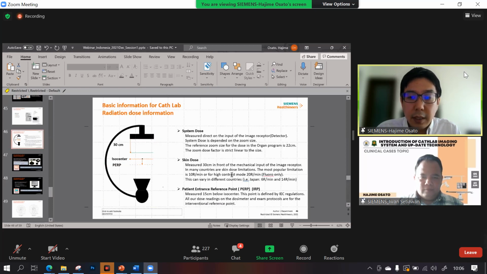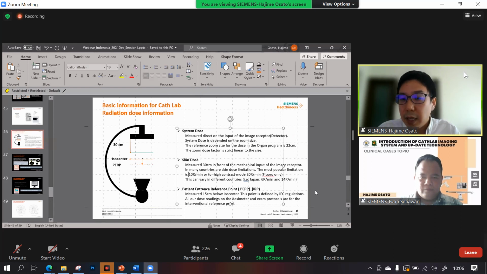This is defined in each country. If we increase the frame rate and the dose, both values, the maxed out situation comes faster and faster. So that's why image quality gets worse. So we have to think about reducing the frame rate instead of also increasing the dose value.